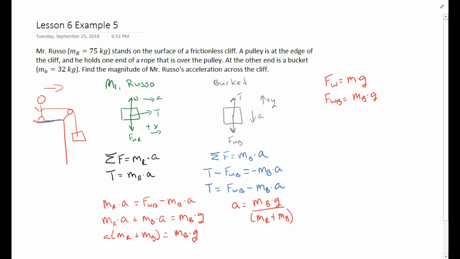All right. Now this equation is in terms of all of the variables we know. We know the mass of the bucket, that's 32 kilograms. We know gravity, it's on Earth, so 9.8 meters per second squared. We know the mass of Mr. Russo, it's 75 kilograms. So now we get to do the easy part, which is the plug and chug.